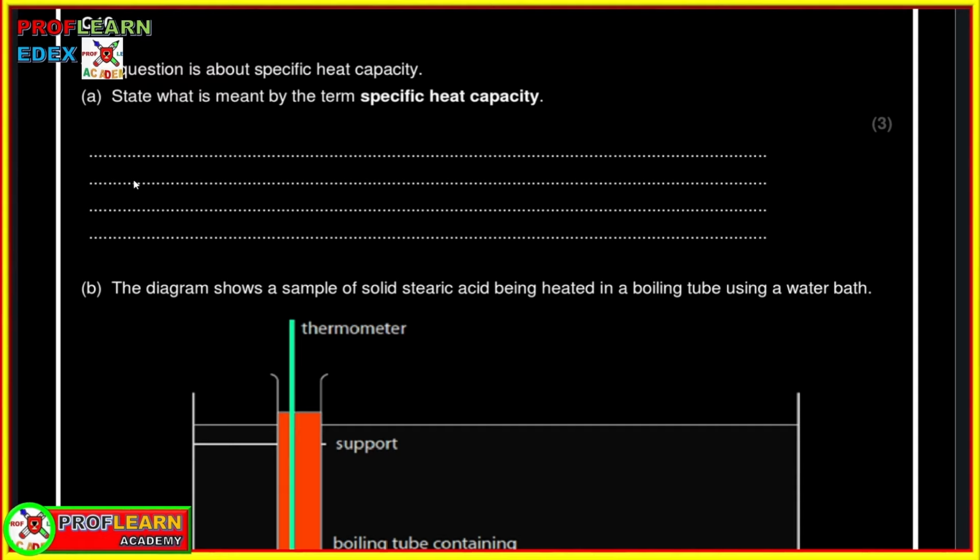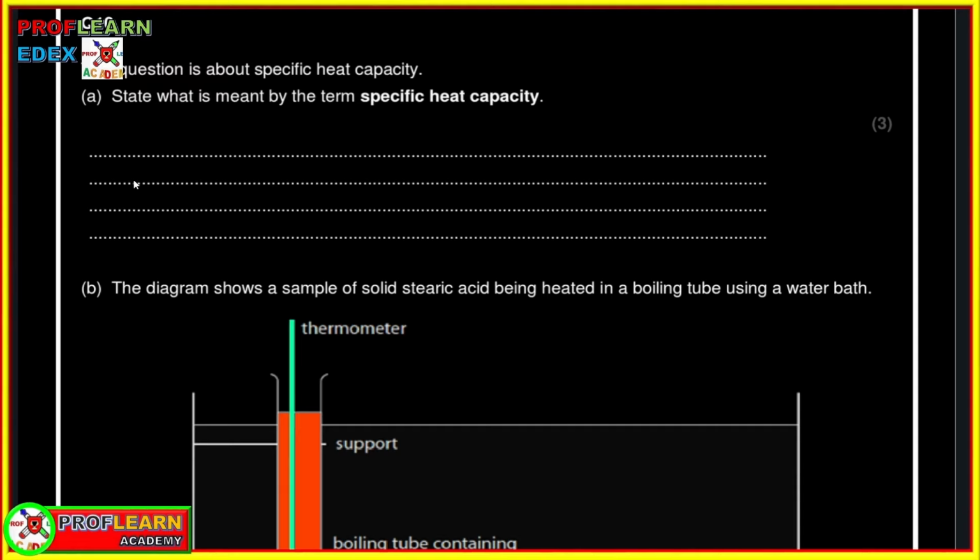Specific heat capacity is the amount of thermal energy required to increase the temperature of a substance by 1 degree Celsius.